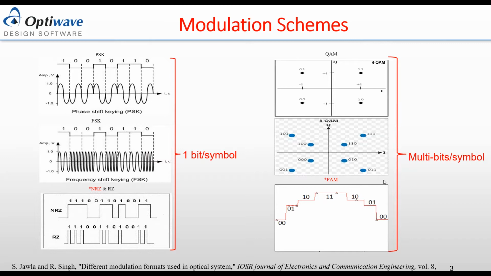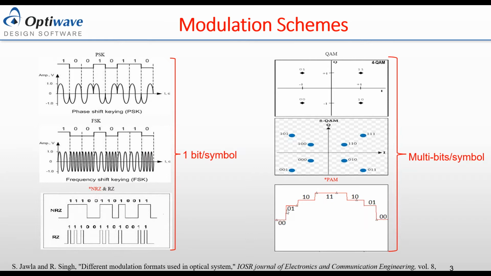The easiest technique to implement, especially at optical frequencies where we do not have enough signal processing available because the speed is so high, is PAM4, pulse amplitude modulation. It is very similar to the NRZ scheme on the left. The only difference is that instead of a binary, 2 level signal, here there are 4 levels.